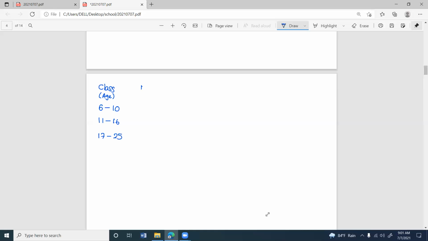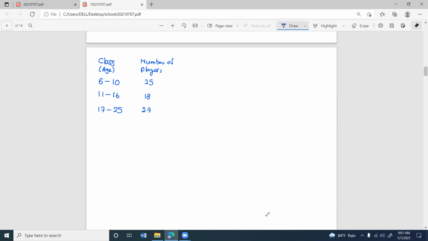Then you'll get the number of players: 25, 18, and here we will take 27.